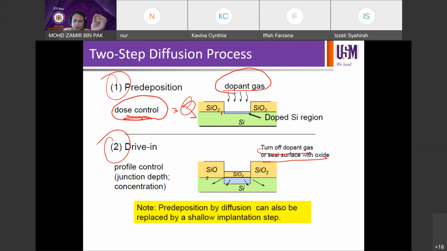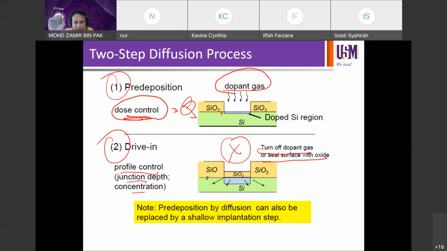Whatever phosphorus or boron is there, you just drive it into the silicon based on what you have only. There's no more gas coming in. So this is the step where you control your profile, your junction depth, your concentration on the surface, and concentration into the silicon. There are no new dopants supplied during the drive-in.